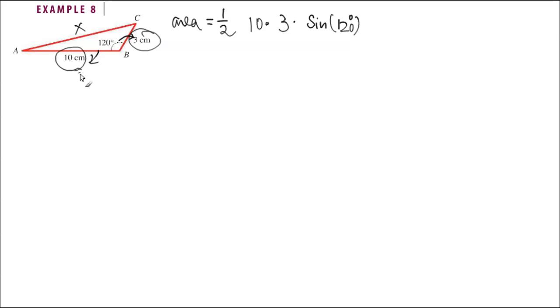But since it's given the dimension, centimeter, and we know this is area, what could be the correct dimension of this number in here? Centimeter squared. Area of something, centimeter squared. Since I know you can calculate the sine of 120 degrees, I want you to do that.